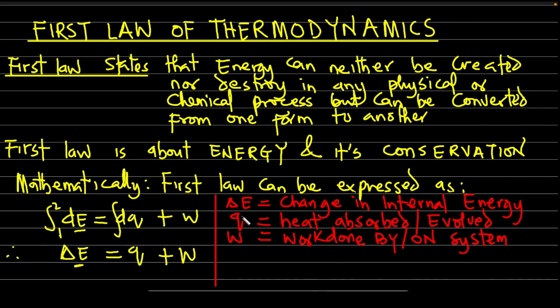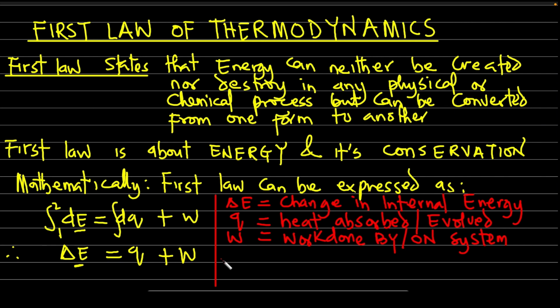Okay, so delta E is the change in internal energy. Q is the heat absorbed or evolved. Now, it's very important for us to know that this statement, absorbed or evolved, goes along with a sign. I believe you remember in thermochemistry we have endothermic and exothermic.